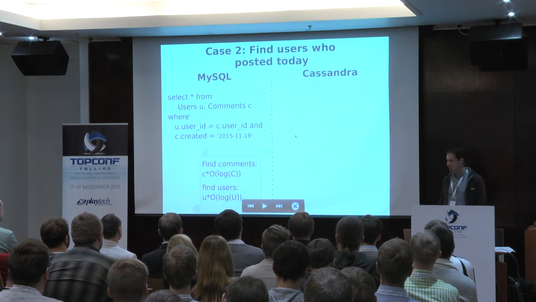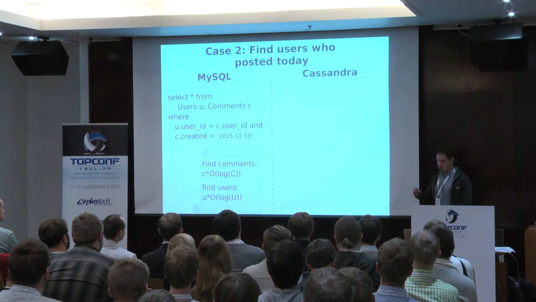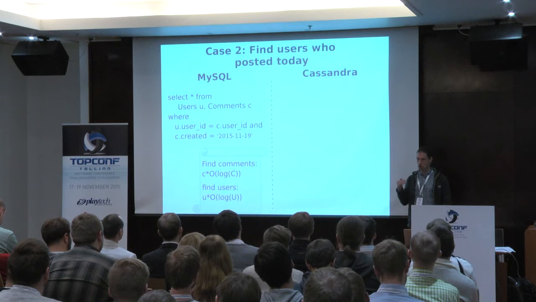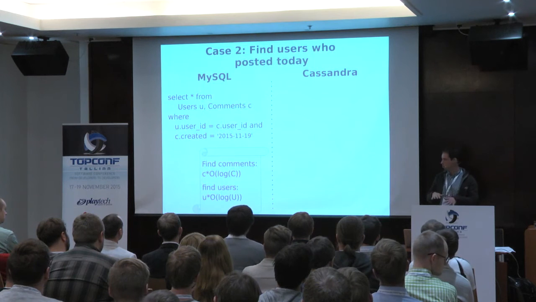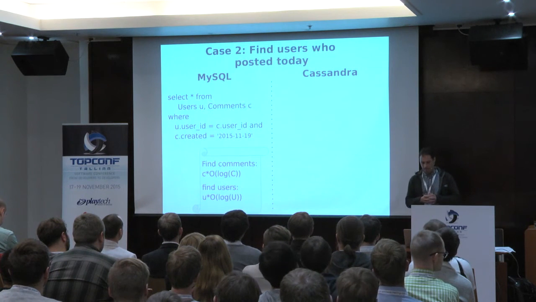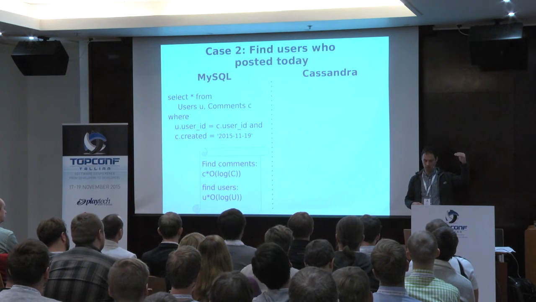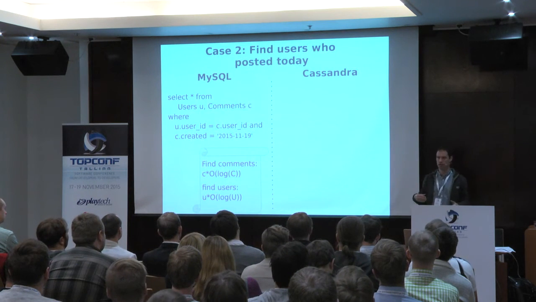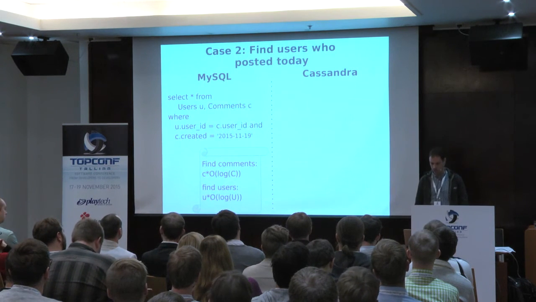In case of Cassandra, actually we can't do this query with our existing data model, because in Cassandra we cannot make joins. We cannot make another table and join like this. And our existing table is indexed only by user ID key, and we cannot allow ourselves to scan the table fully, since we have a lot of data and it's useless to do that.